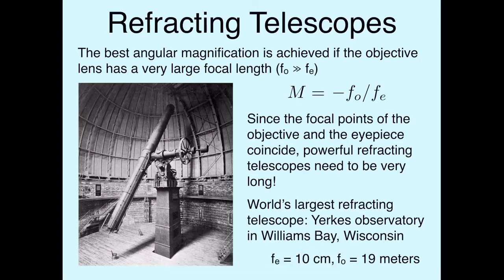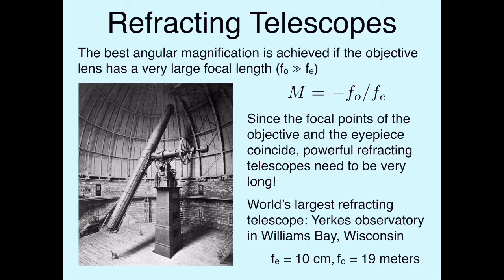So we can easily calculate the magnification we get. 19 meters FO divided by 0.1 meters for FE is 190. So this gives you 190 times magnification. But in order to actually build this thing, it needs to be housed inside of a tube that's about 19 meters long. So over 60 feet long. It's a very large telescope.